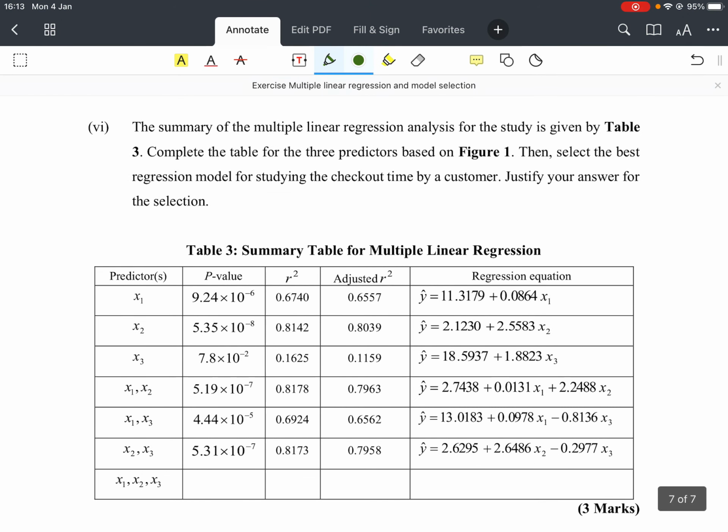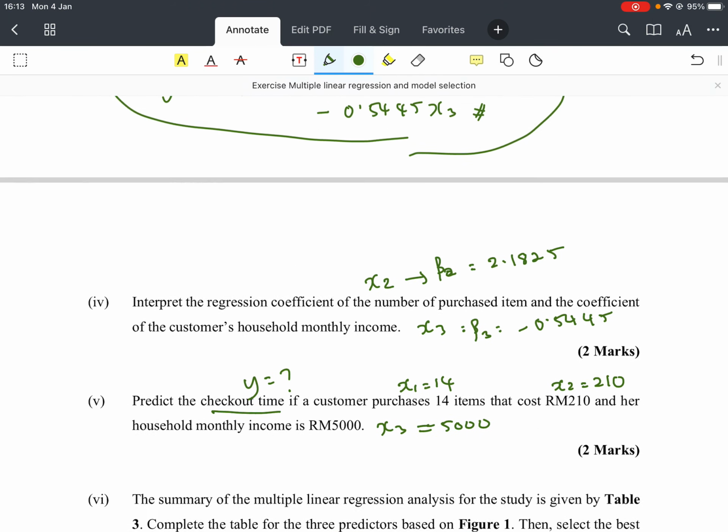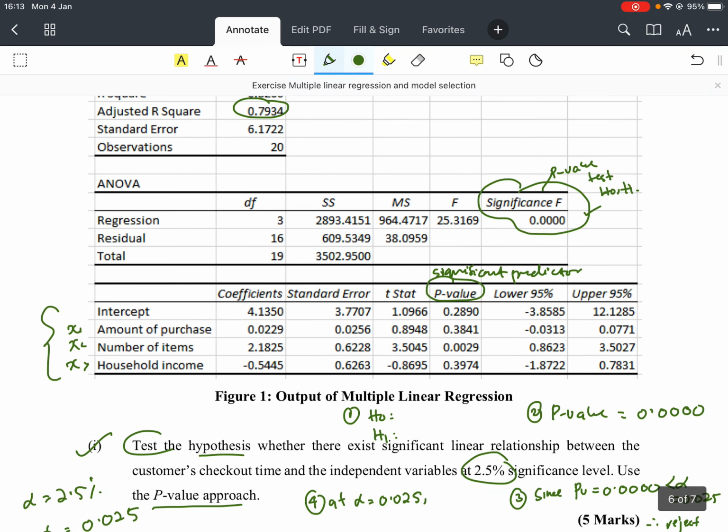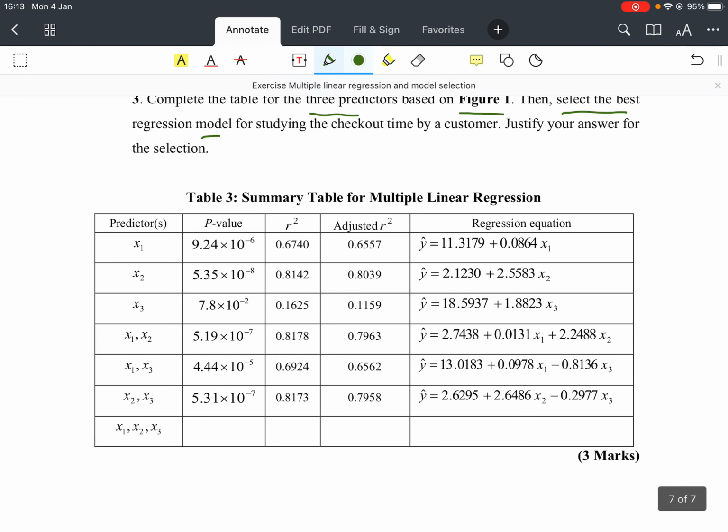Number 6. The summary of the multiple linear regression for the study is given in Table 3. They give you the summary already. Complete the table for 3 predictors based on Figure 1. Then select the best regression model and justify your answer. For x1, x2, x3, the p-value is 0.0000, so you put 0.0000 here.